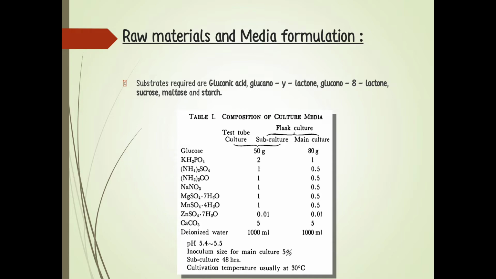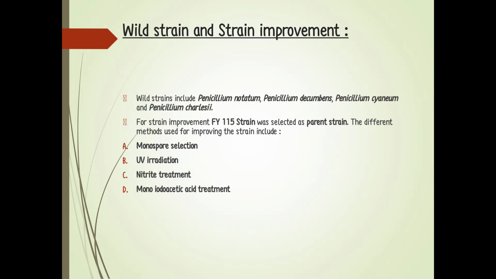That is why the culture media, whether main culture or subculture, requires a lot of phosphates, sulfates, and carbonates to maintain the osmotic pressure. The pH should be 5.4 to 5.5, the incubation time is around 48 hours, and the cultivation temperature is 30 degrees Celsius.